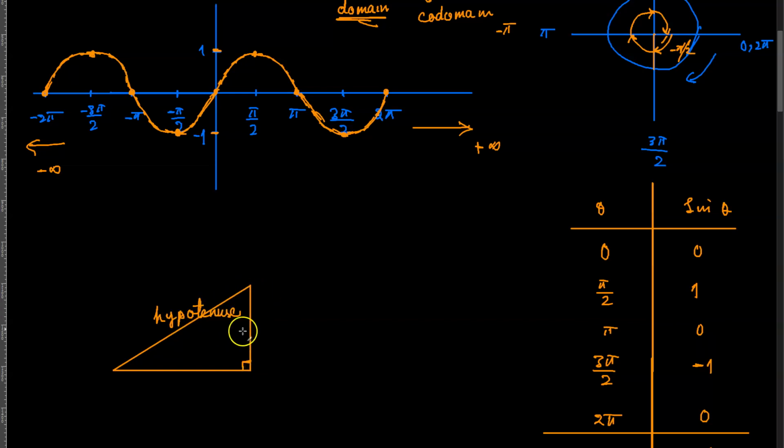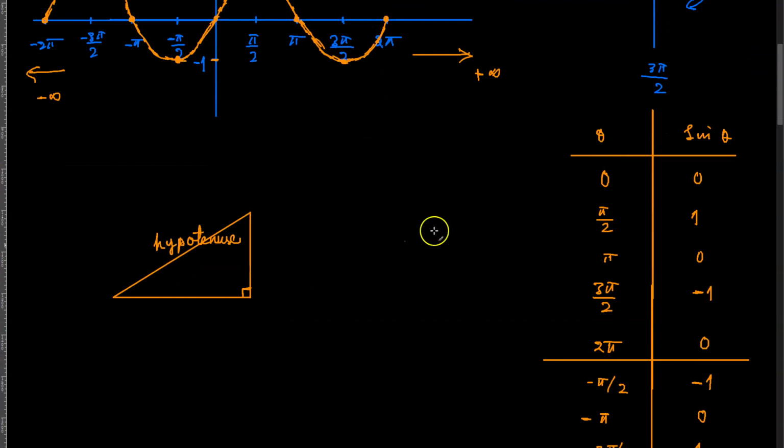Now there are two other sides over here, and there are two terms that you can use for either of these two sides aside from the hypotenuse, and that is adjacent and opposite. If you understand these simple facts about the triangle, you essentially understand the whole concept of trigonometry.